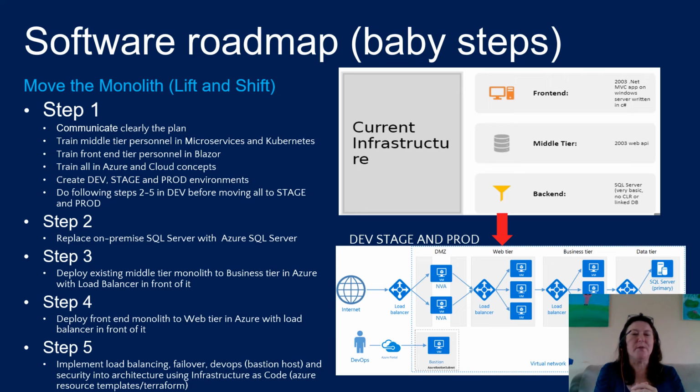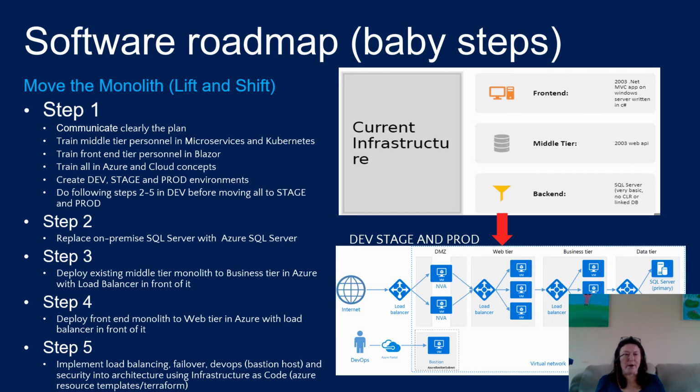And we're going to talk about how we're going to move that into front end, middle tier, and back end on Azure. So on the right hand side here, you can see the web tier, the business tier, and the data tier with a DMZ at the front of it, and so on. So we're going to start writing some high level technical tiers, if you like, of what the technical infrastructure is going to look like, what the technical architecture is going to look like.